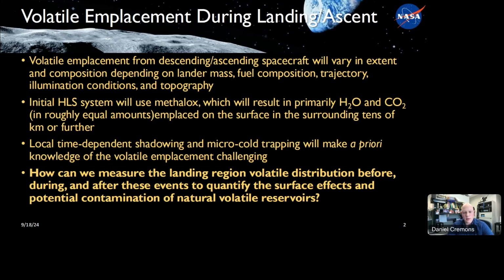And how do these active experiments that are ongoing change the distribution of volatiles in the short term, hours, days, and weeks following these landings or ascents? How can we use that to learn about the dynamics of volatiles, how they move across the surface, but also where these volatiles might end up, and, going to the contamination point, might these contaminate natural volatile reservoirs that are near the landing sites for these missions?